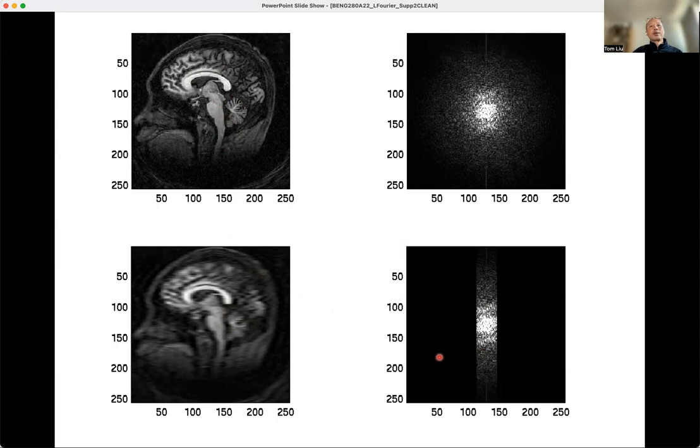What I have preserved is the y direction: this edge, which I would meet going up and down, is still fairly well preserved because I've kept all the information along the ky axis. So this shows how the information I have in k space is related to what the image looks like.